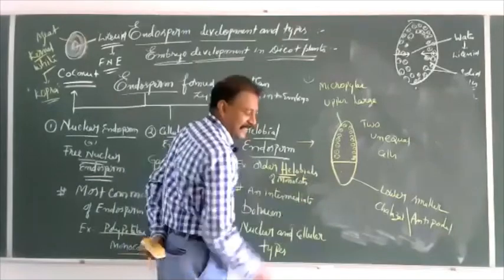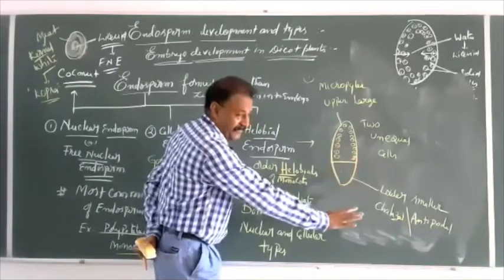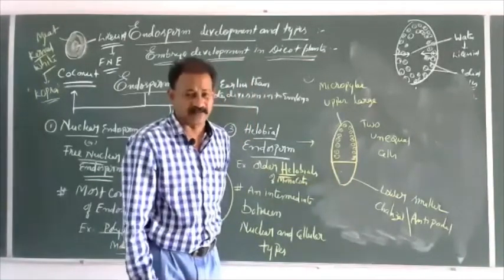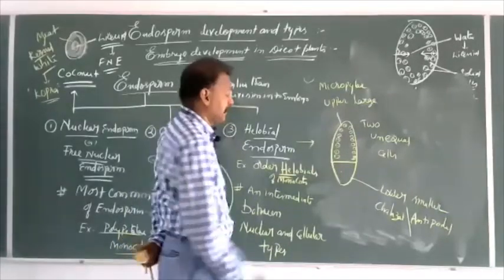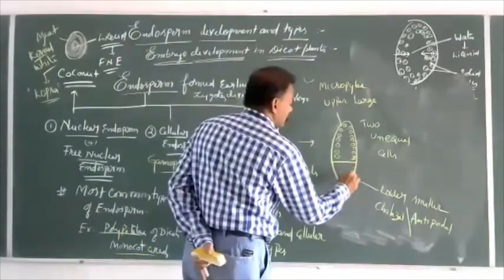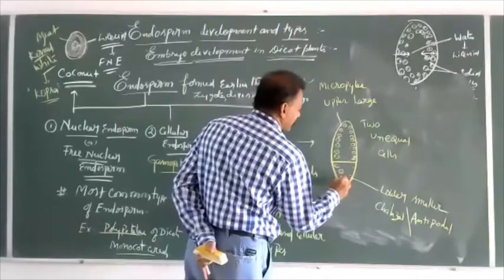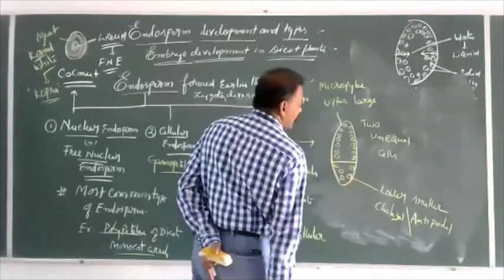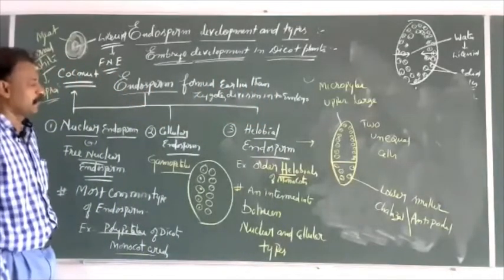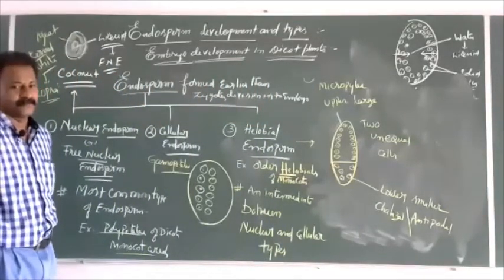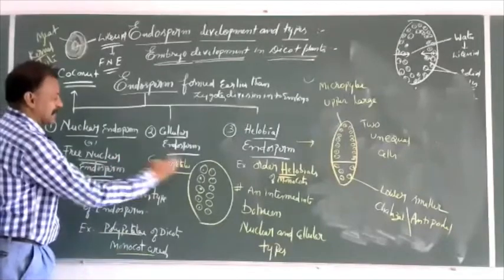The lower cell may remain undivided. According to some studies, it remains undivided, or it may divide into a few cells, with nuclear divisions later followed by cellular divisions. Helobial endosperm possesses both characteristic features.